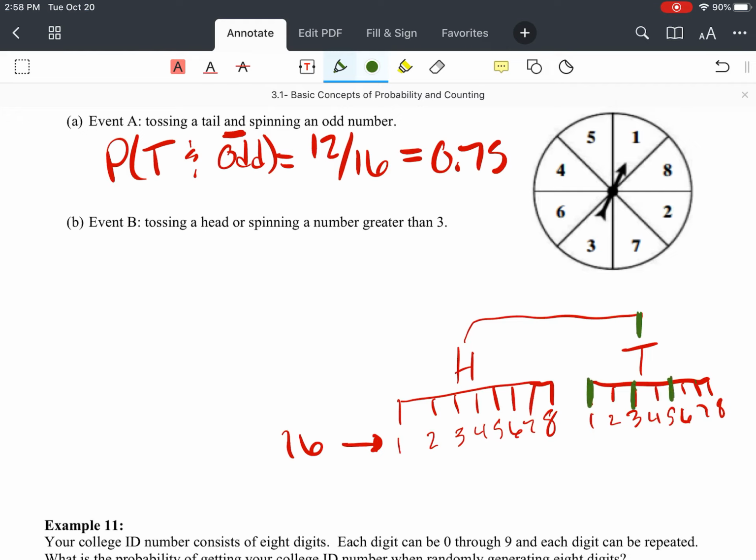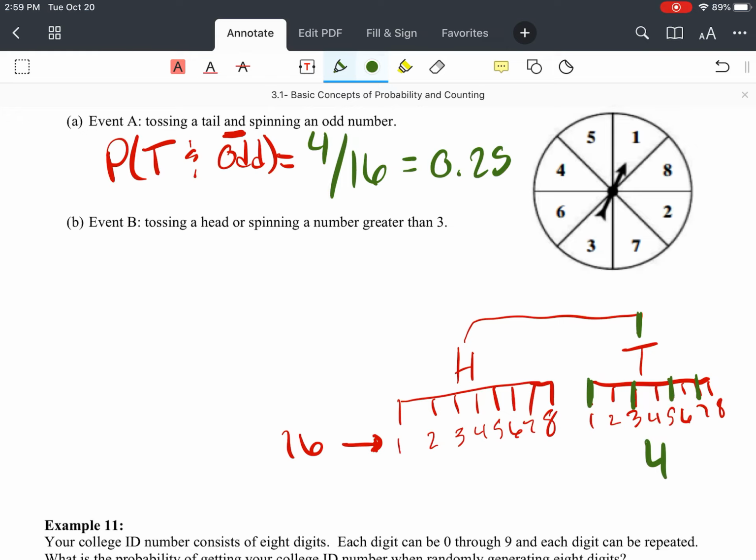Well, we have 1, 2, 3, 4 odd numbers over here. Okay, so the real probability of this would be 4 over a total of 16. So in fact, it is actually 25% or 0.25. Okay, so I apologize for that one.